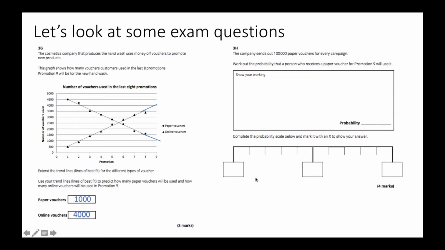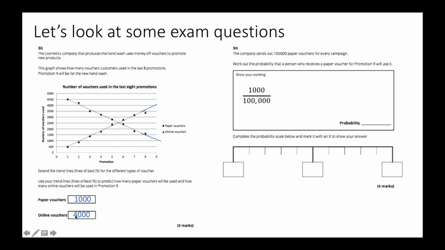Now let's have a look at the actual probability question. The company sends out 100,000 paper vouchers for every campaign. Work out the probability that a person who receives a paper voucher for promotion 9 will use it. So, you can see here that there's 1,000 paper vouchers used, out of 4,000 online vouchers.